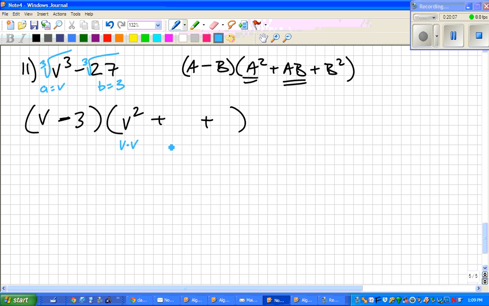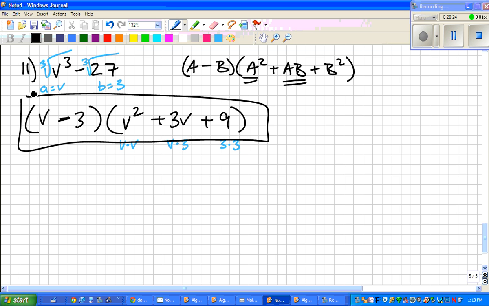Now for a times b, that's v times 3, and that gives us 3v. And now b squared is 3 times 3, and 3 times 3 gives us 9. And then that's all we have to do, guys. That's it. It's just the pattern. Okay?